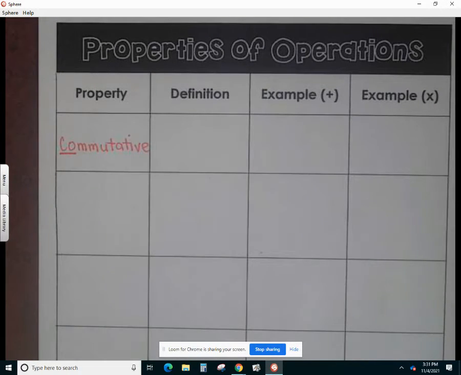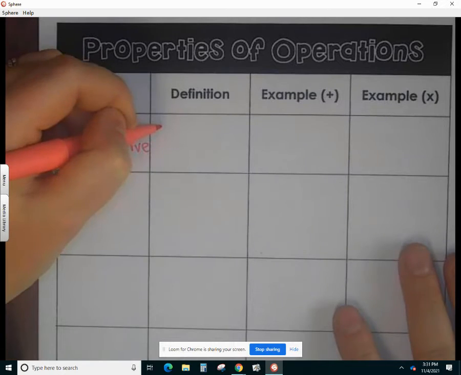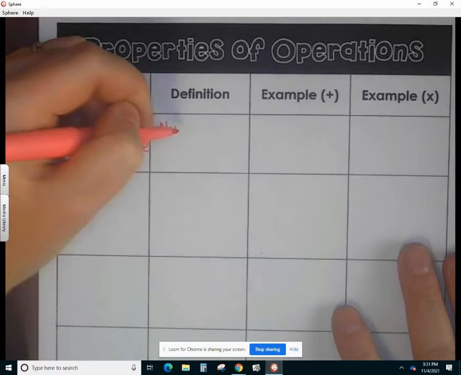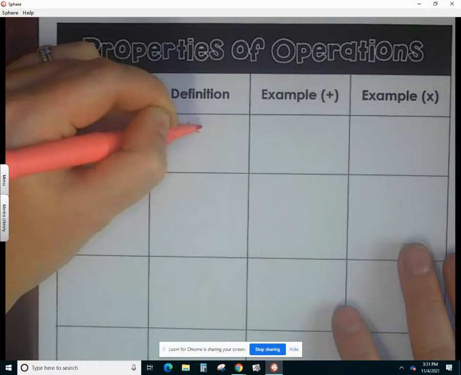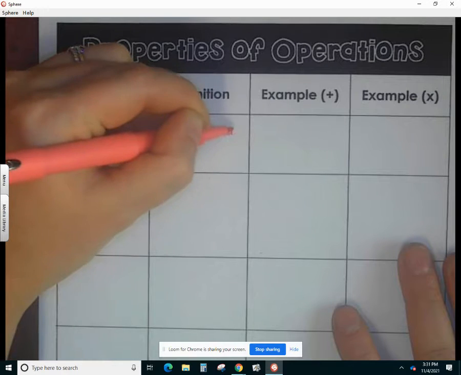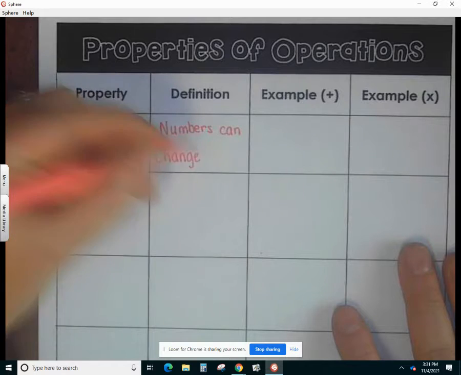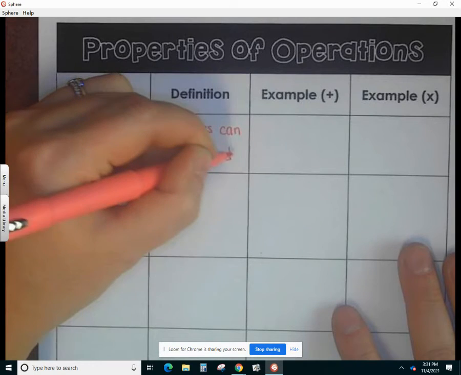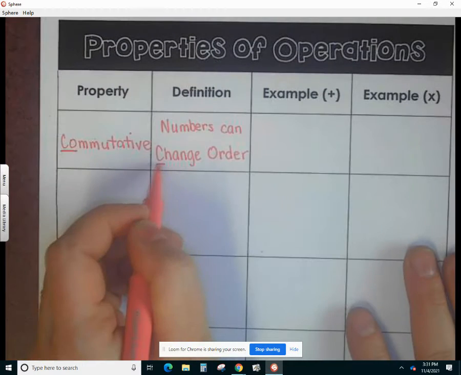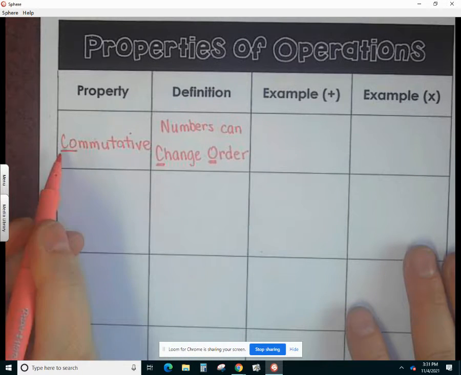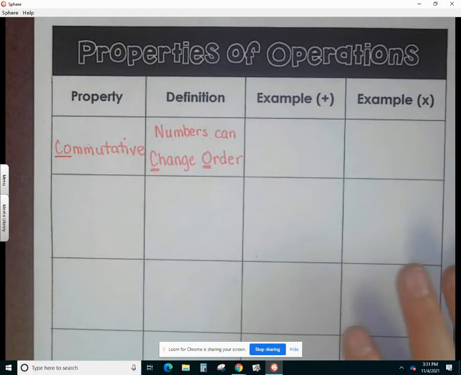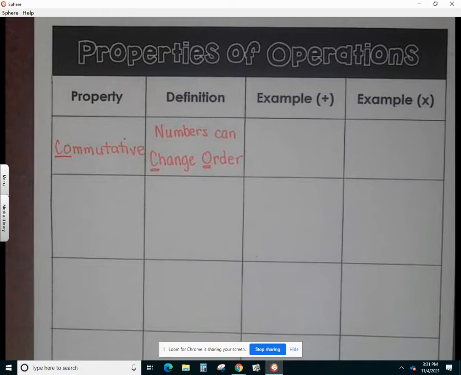That can help you remember what this property talks about. So in the commutative property, numbers can change. That starts with a C, right? Order, that starts with an O. So I want you to underline C and O. So commutative starts with C and O, and then change order starts with C and O.